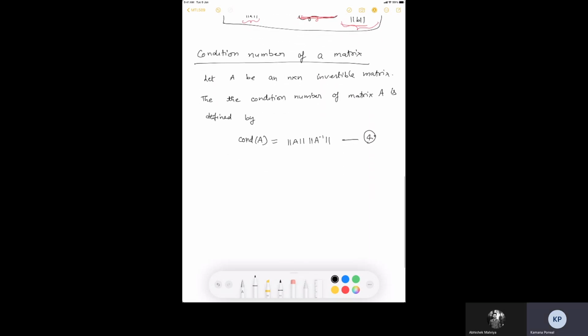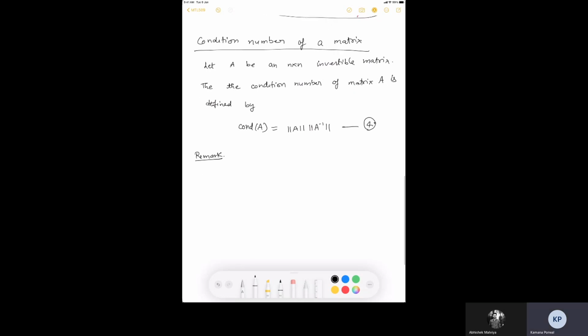One property of the condition number is this remark. We know that if we take the product of A and A inverse, we get an identity matrix.